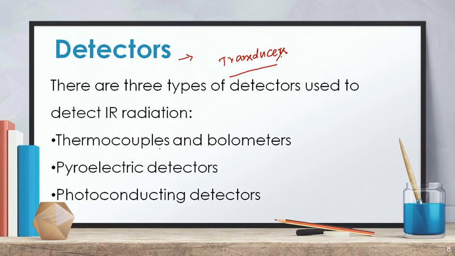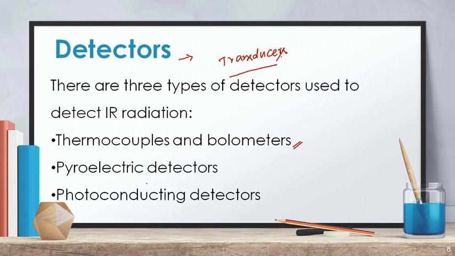They are of three types for IR spectrophotometry. The first is thermocouples or bolometers, which detect IR radiation.